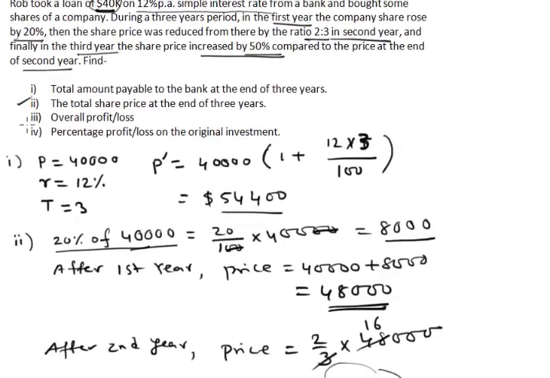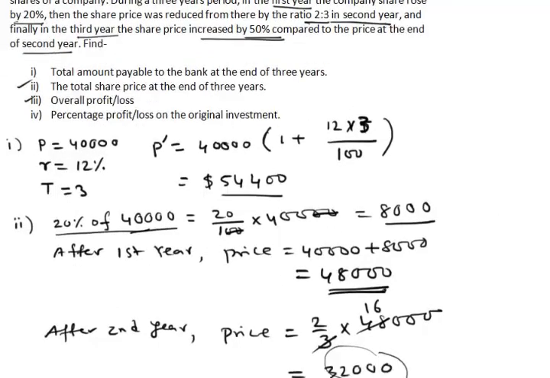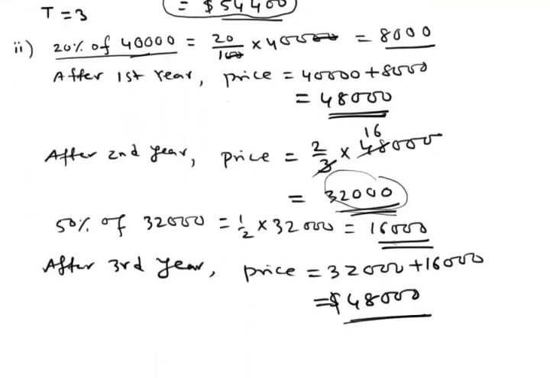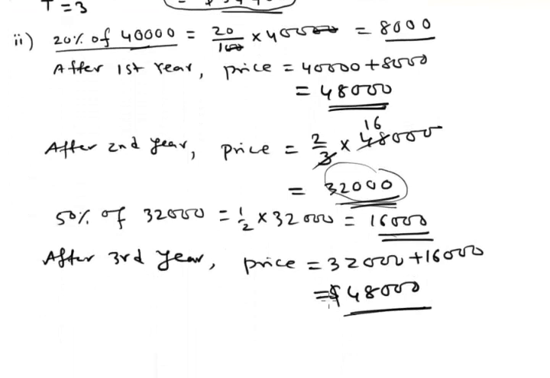That is our second question. Overall profit or loss. Mr. Rob needs to pay the bank $54,400, but at the end of the day, at the end of 3 years, his share price is $48,000. So he will have some loss.